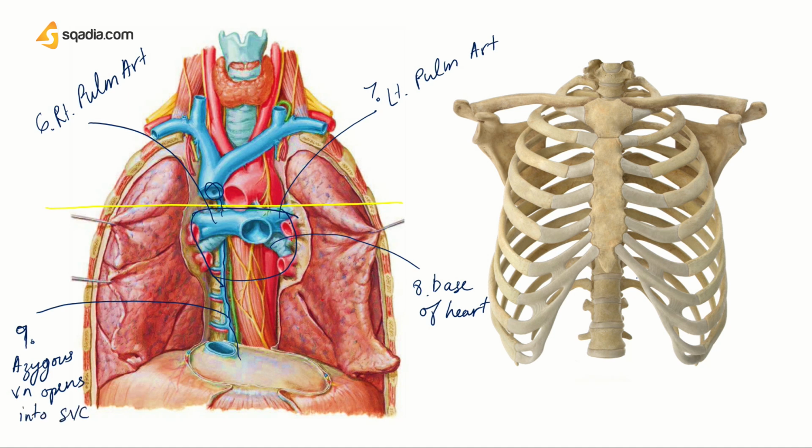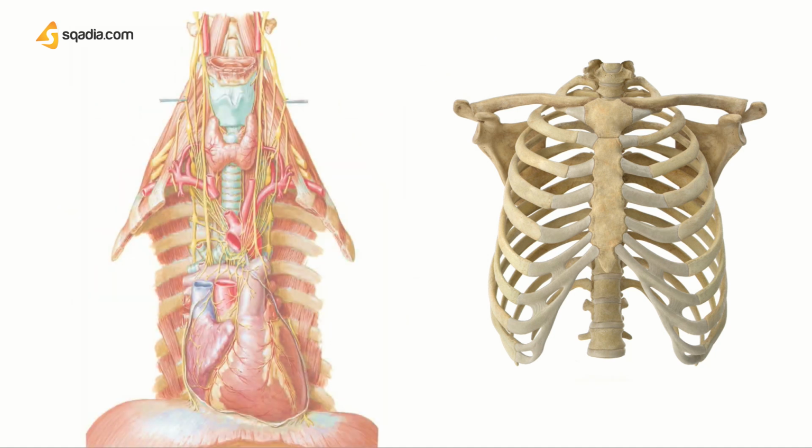And last but not least, we have the cardiac plexus. The cardiac plexus is formed by these nerves over here. I'm not going to describe right now all of the nerves that participate in the cardiac plexus because we're going to be learning about that later. Otherwise, you'll get confused.